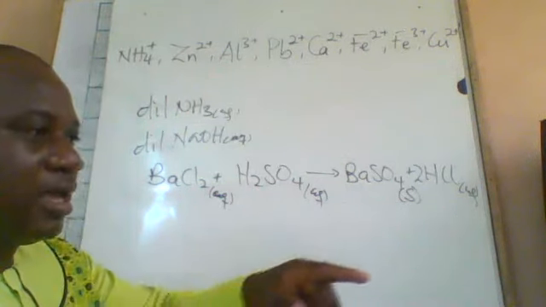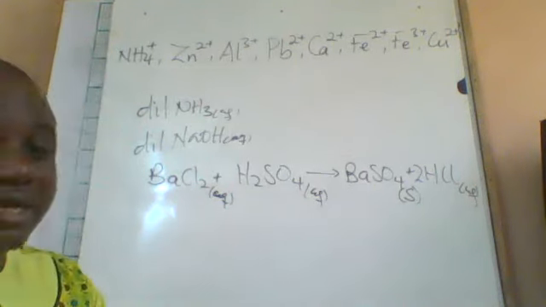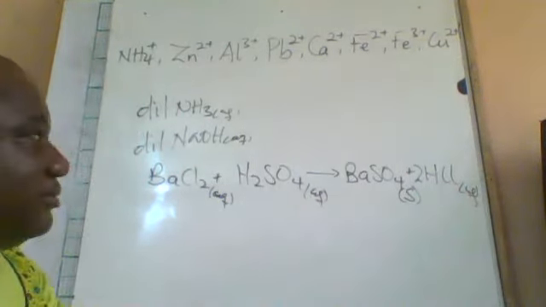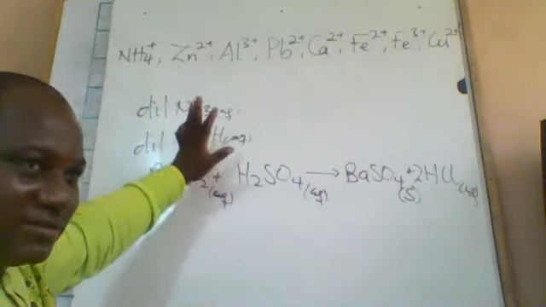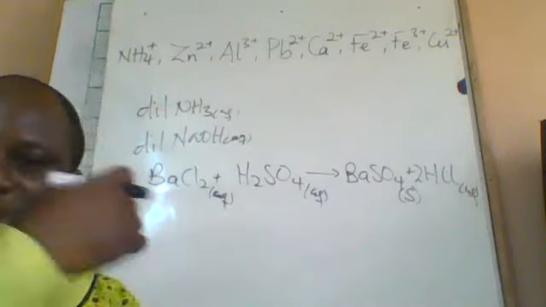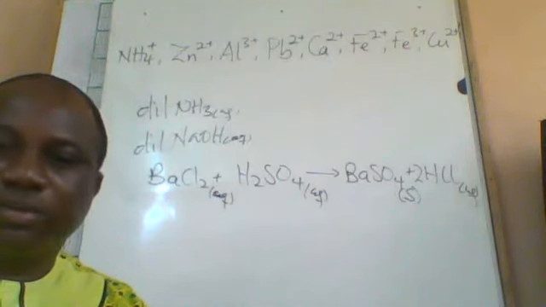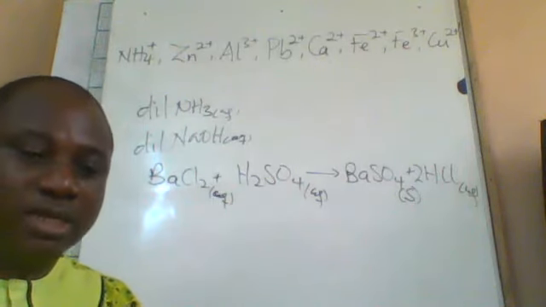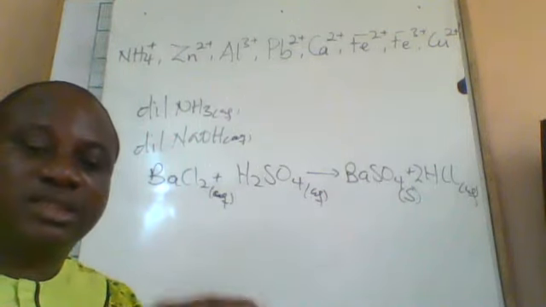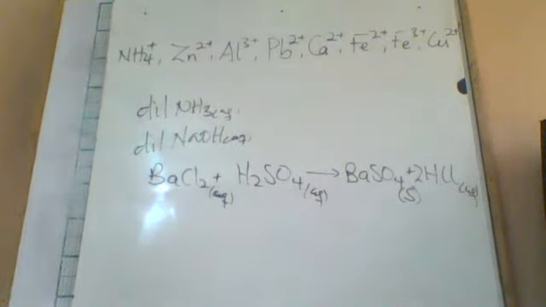So the white precipitate that we are seeing there is not a cation we have identified, because when we are identifying a cation, there should be either dilute ammonia or dilute sodium hydroxide. So these two solutions are used in identifying cations. When we come to the anions, I'll give you the kind of solution that we use there. In fact, barium chloride is used in testing for anions. When we get there, I'll throw more light on that.